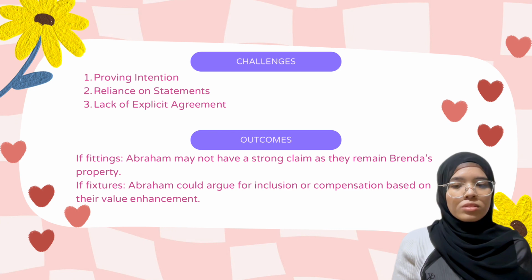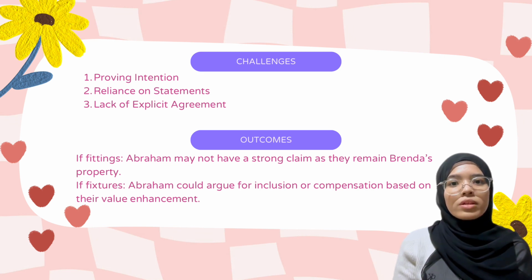Brenda's vague responses and the high value of the items complicate matters, but Taylor v Hamer 2002 emphasizes the interpretation of a reasonable person to the situation. To strengthen his case, Abraham should present evidence of intent and reliance. Ultimately, clear documentation is vital, and Abraham may argue for inclusion or compensation by proving the items were intended to enhance the property.